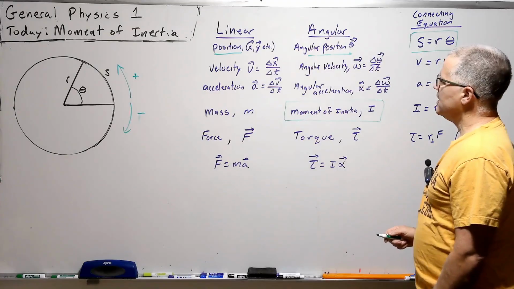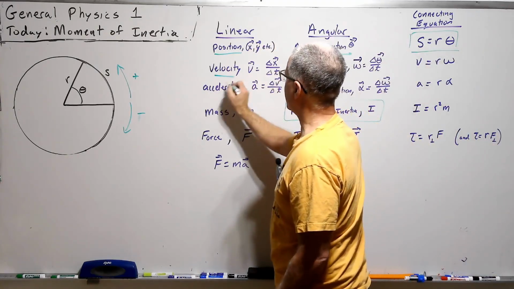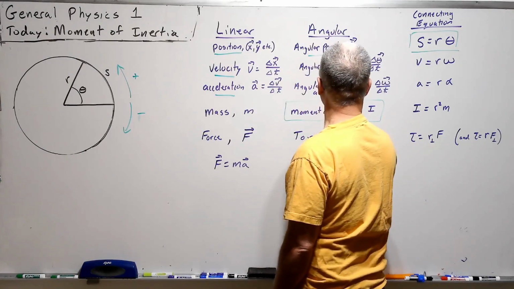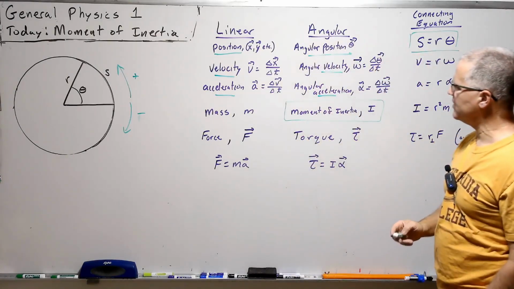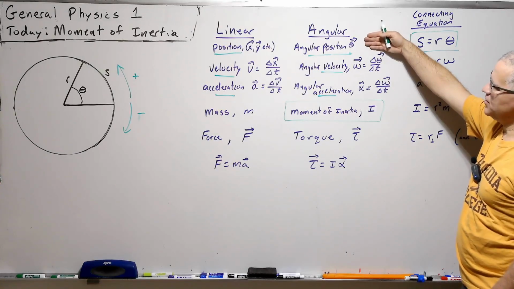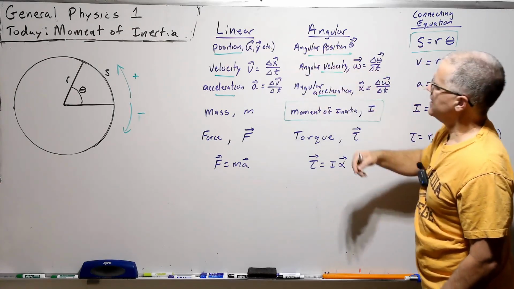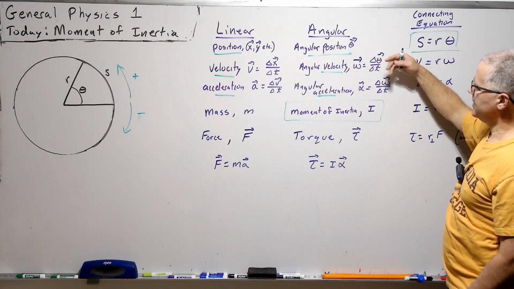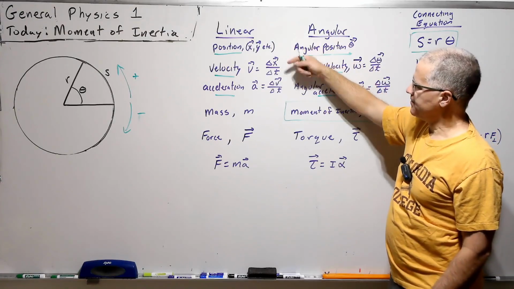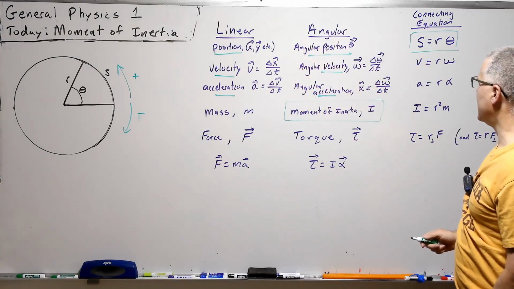Okay, and then we have all of our kinematic variables, velocity and acceleration, and then there's a corresponding angular velocity and angular acceleration in very much the same way. So angular position is playing the role of position throughout all of this, and then we get our various formulas for velocity and acceleration coming off of that.